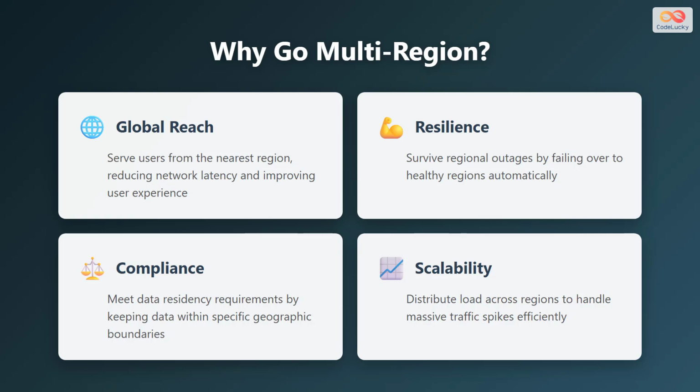Third, compliance. Many industries require data to remain within specific geographic boundaries. Multi-region architecture allows you to meet these data residency requirements. Fourth, scalability. Distributing load across multiple regions enables your infrastructure to handle massive traffic spikes efficiently without overwhelming any single location.